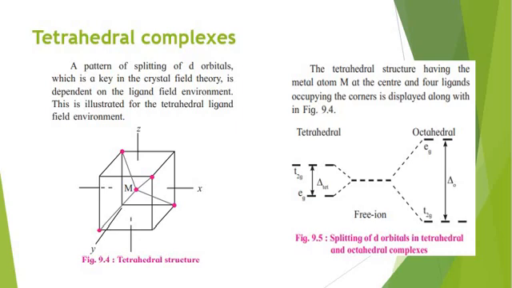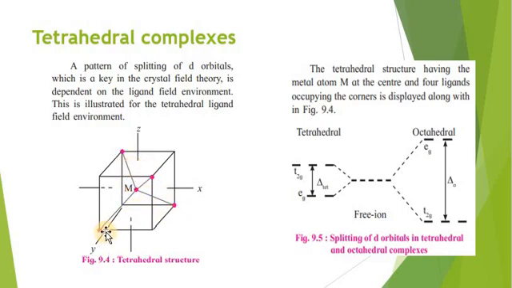Tetrahedral complexes. The pattern of splitting of d orbitals, which is key in crystal field theory, depends upon the ligand field environment. The tetrahedral structure has the metal atom M at the center and the four ligands occupy the corners. It is displayed like this.